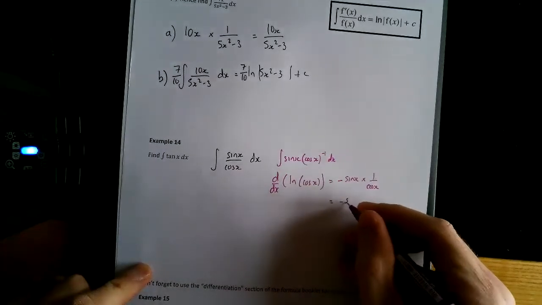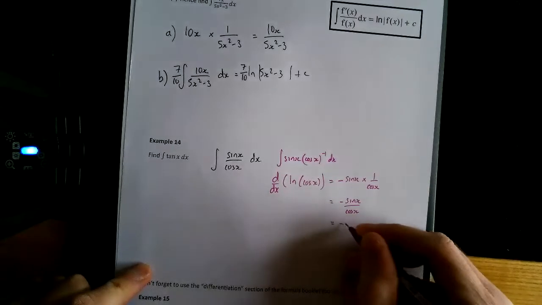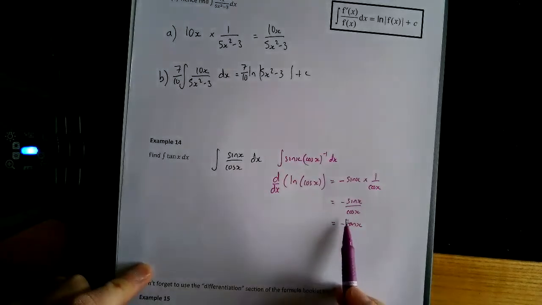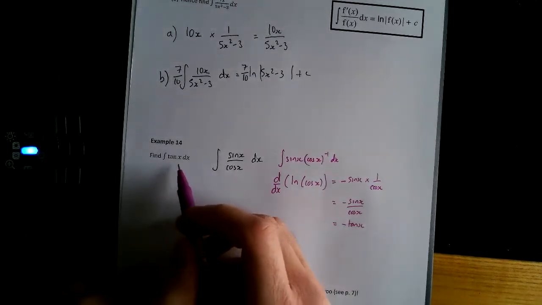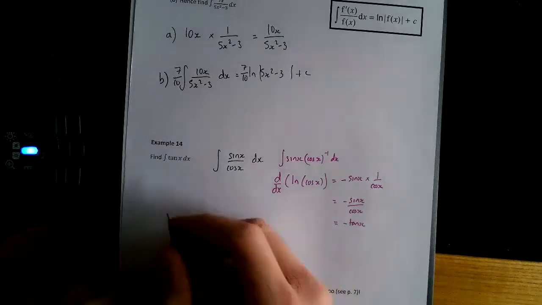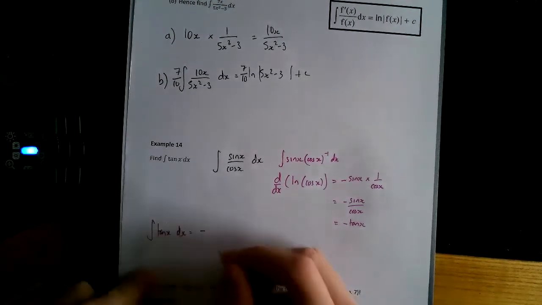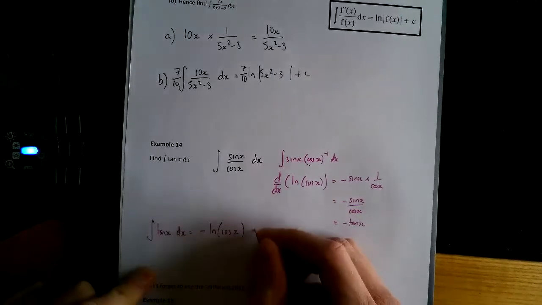So that gives me minus sine x over cos x. That gives us minus tan x. Okay, so if I integrate minus tan x, I get ln cos x. So to integrate just tan x, I need to take the minus over. So tan x integrates to minus ln cos x plus c.